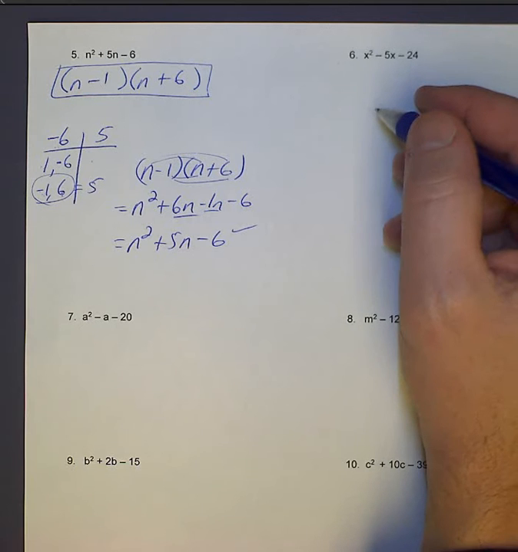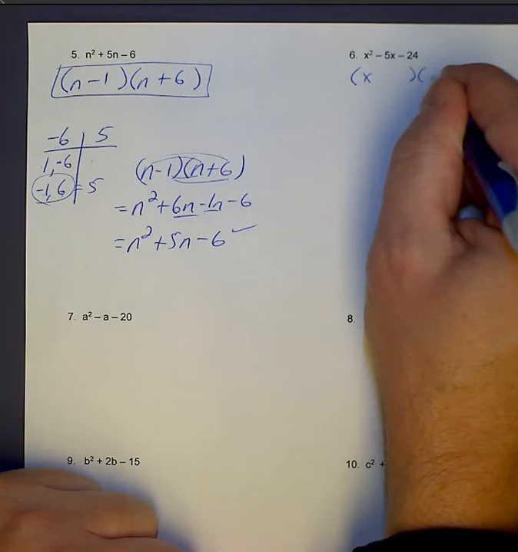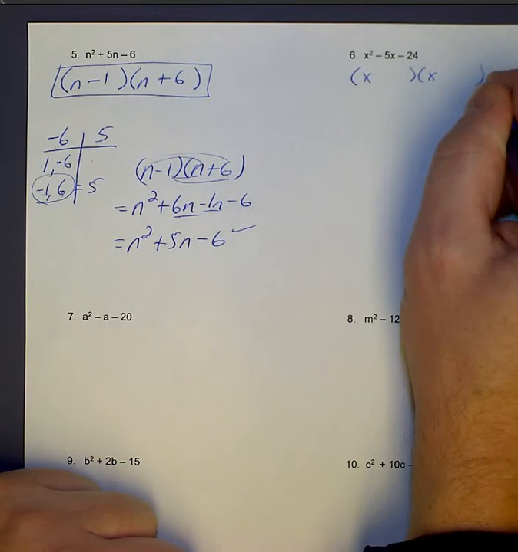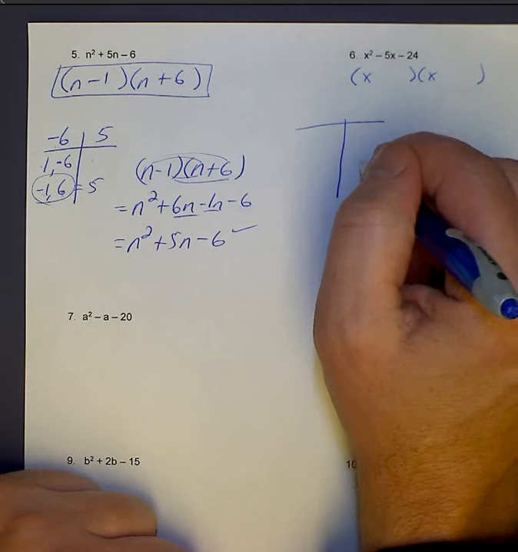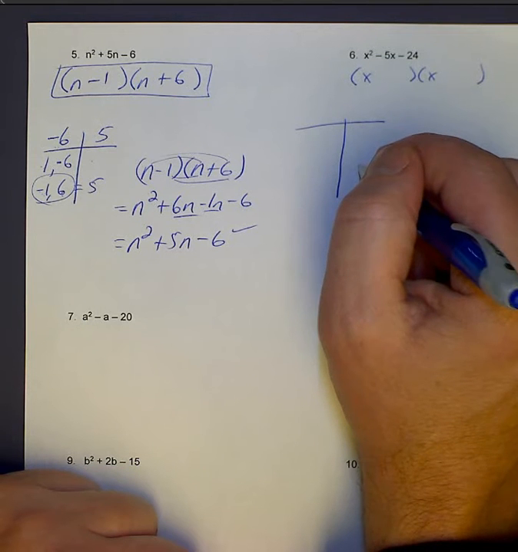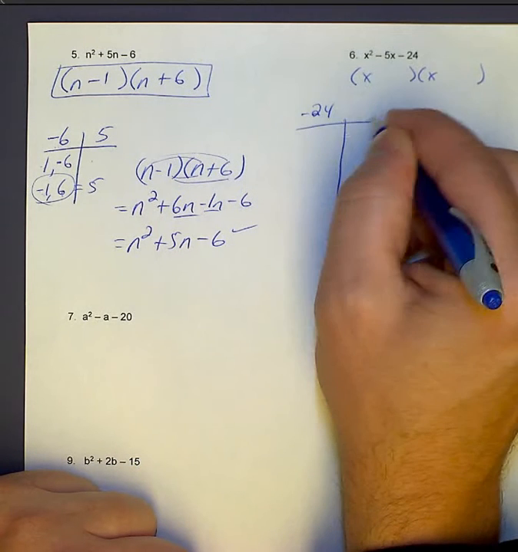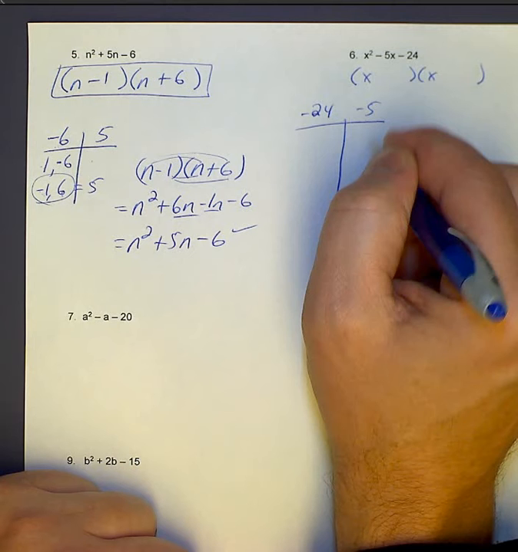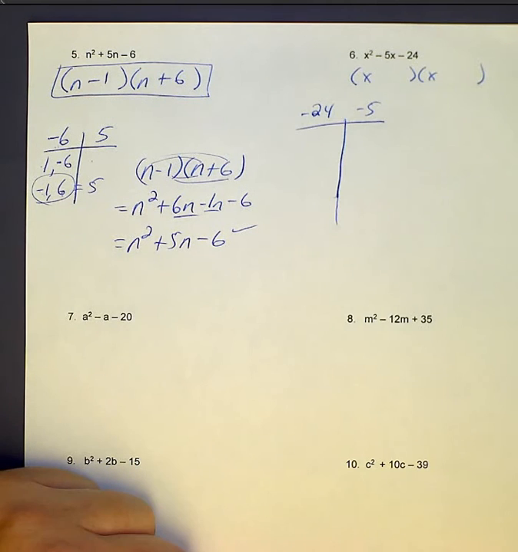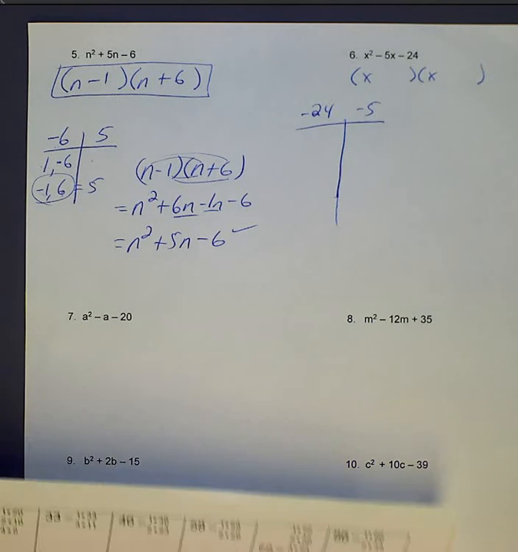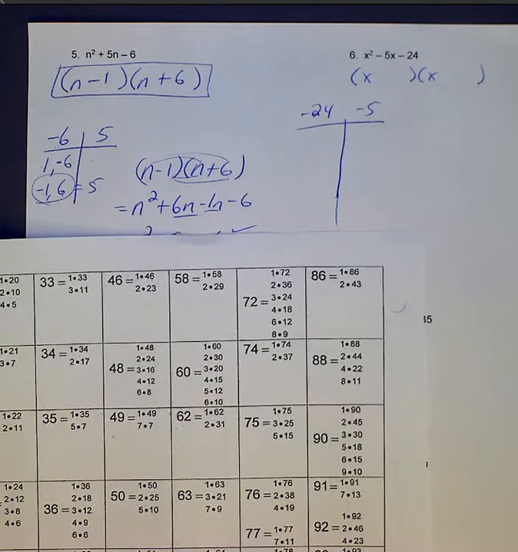Let's try number 6. I know I'm going to have an x and an x. I'm going to use my product sum chart, my T chart. So factors of negative 24, that add to the middle term, negative 5. So 24, if I get stuck, we gave you this chart right here.